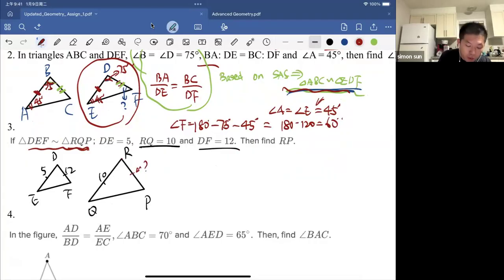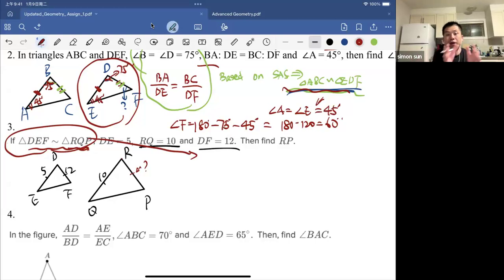Since we already know the two triangles are similar, their three corresponding sides will be proportional. So we have DE over RQ equal to EF over QP equal to DF over RP.